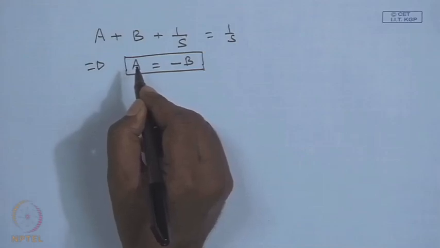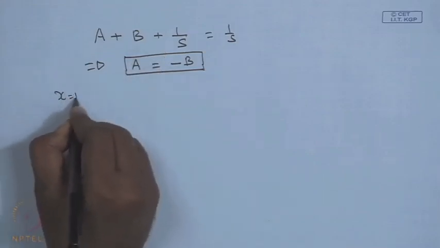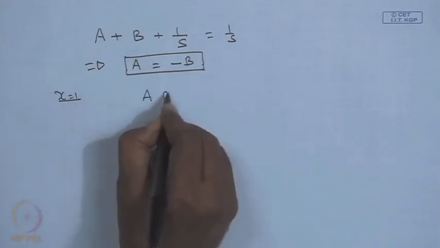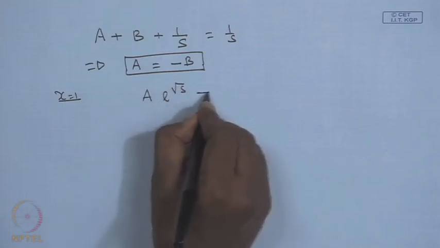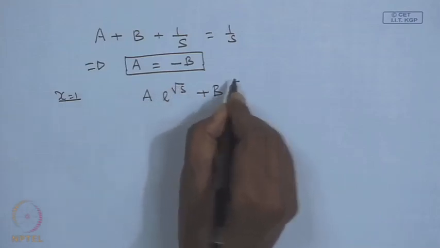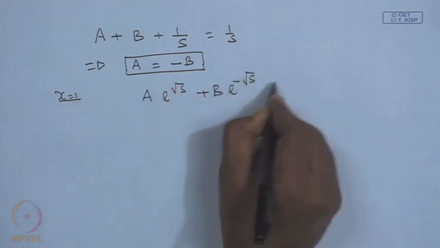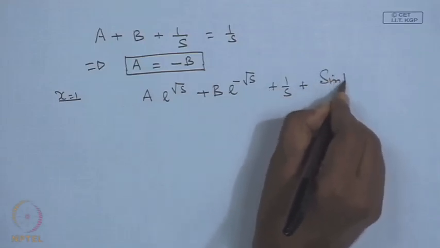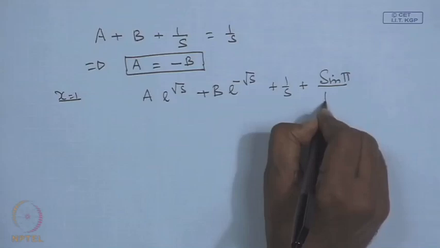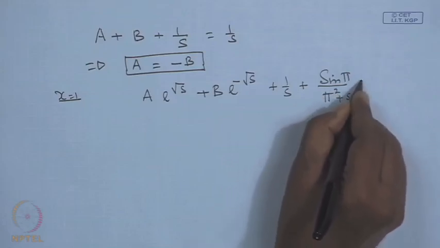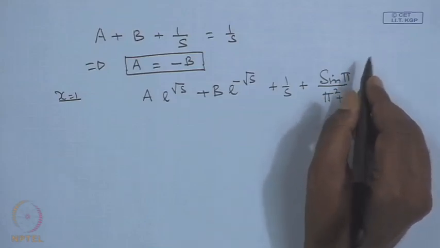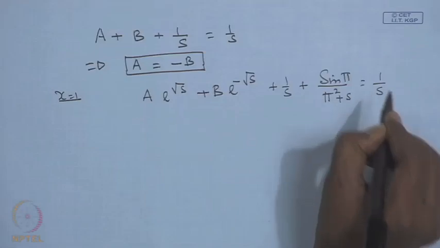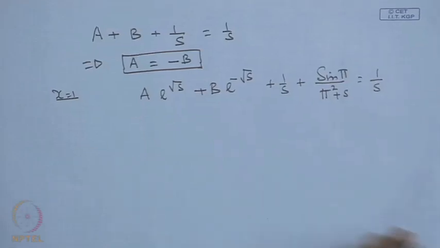Then let us put in the other condition at x is equal to 1. So, a e to the power root over s plus b e to the power minus root over s plus 1 over s plus sin pi divided by pi square plus s should be equal to 1 upon s. That is the boundary condition.